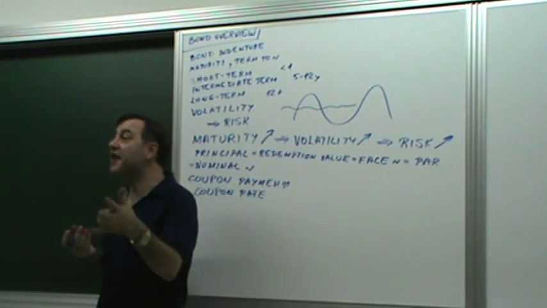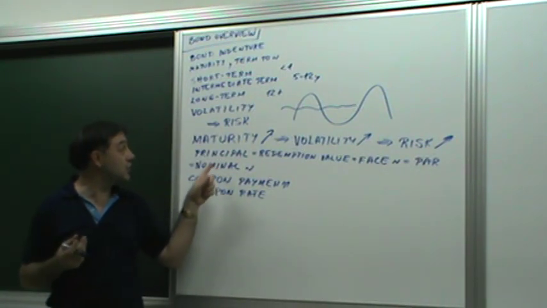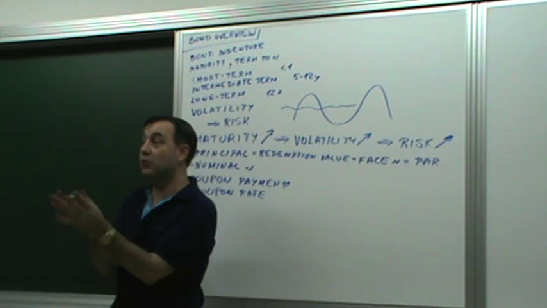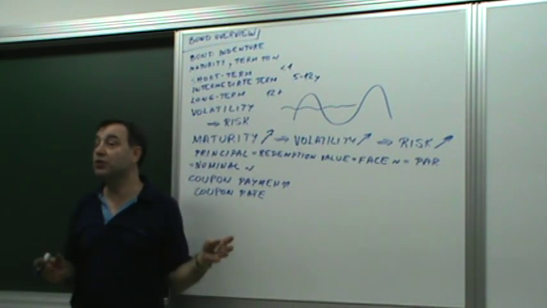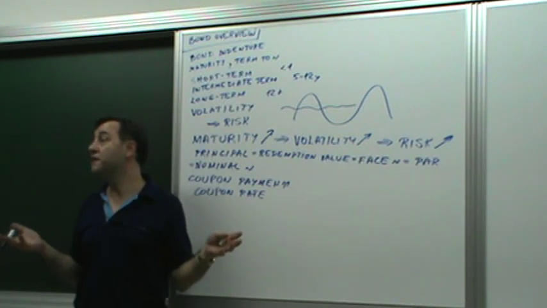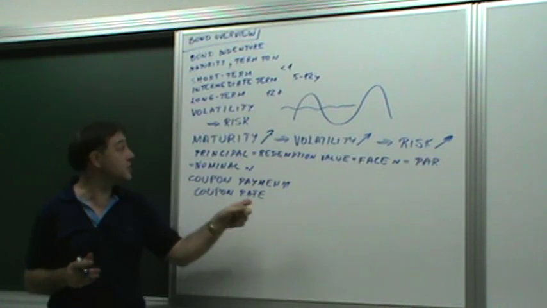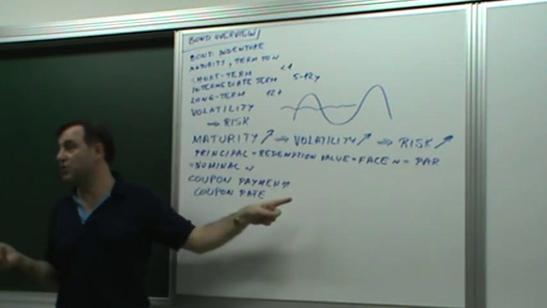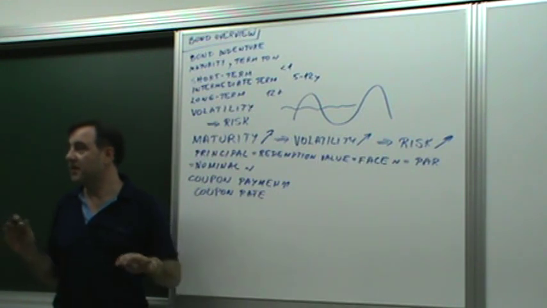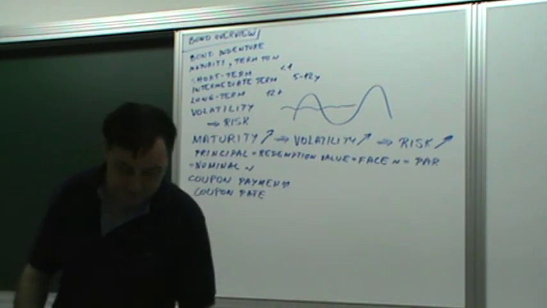So a 5% coupon rate will equal 5% of 1,000, face value is usually 1,000, is equal to 50. So coupon rate 5% equals a coupon payment of $50 or 50 of the currency. All right, is that fair too? Okay, let's see what's next.